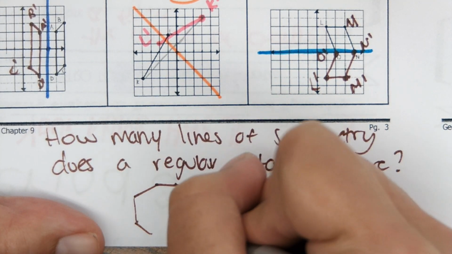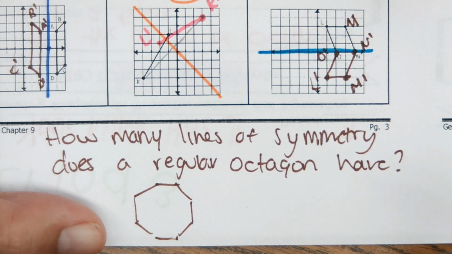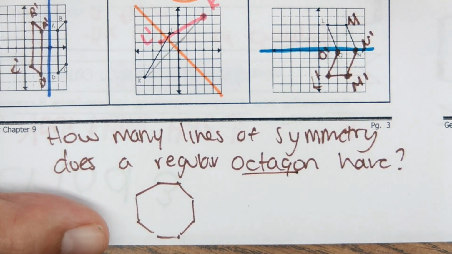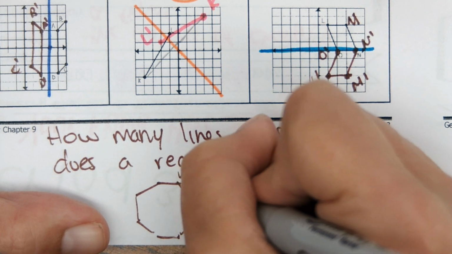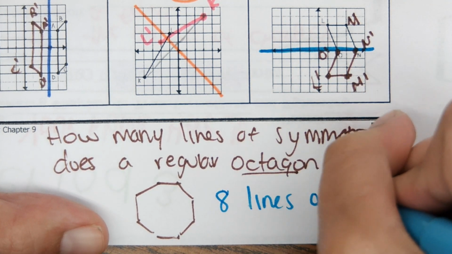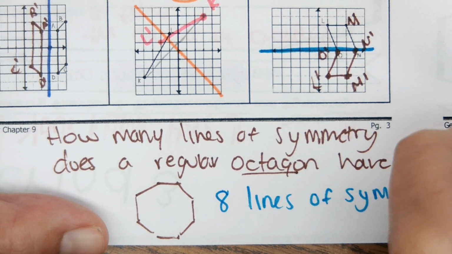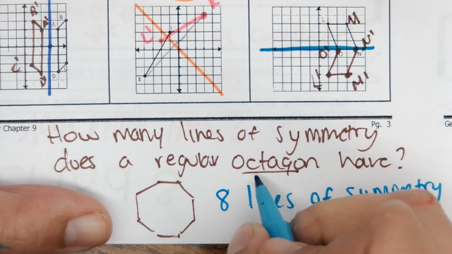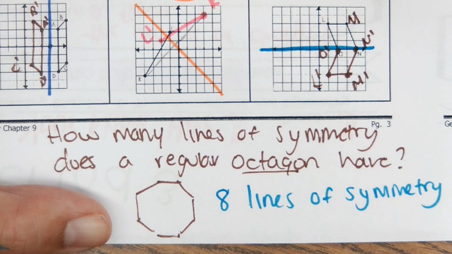So regular octagon, all the sides and all the angles are the same. An octagon has 8 sides, so therefore there would be 8 lines of symmetry. So you just use the number of sides. So for example, a square with 4 equal sides would have 4 lines of symmetry. And so whatever number of sides it has, that's the number of lines of symmetry.